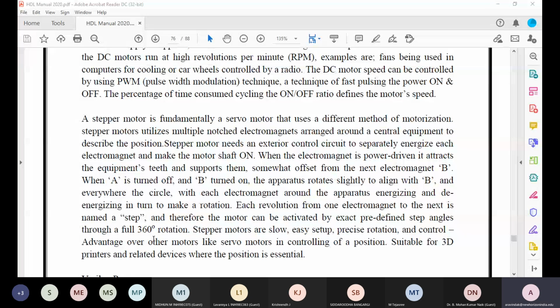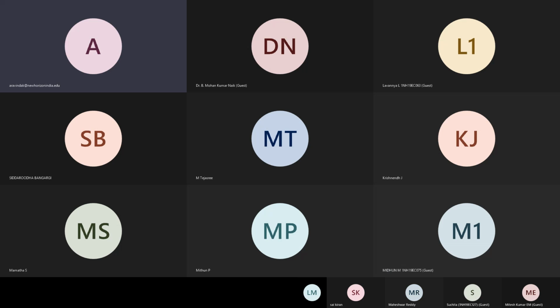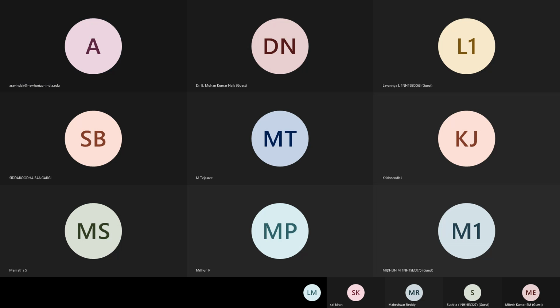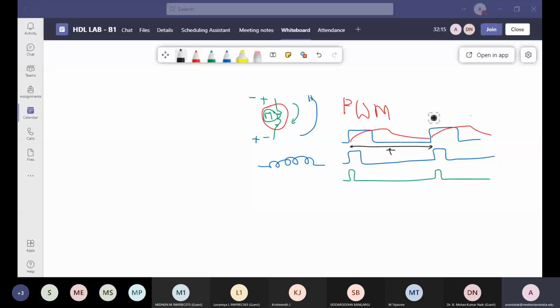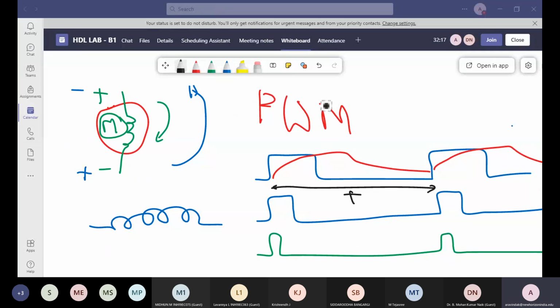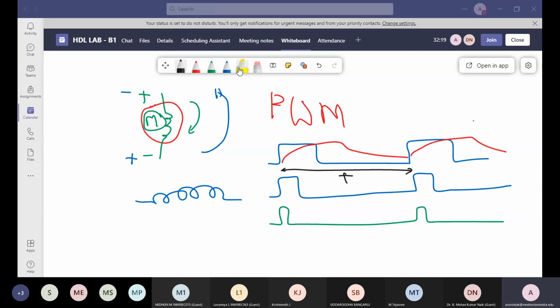That is suitable for 3D printers and related devices where the position is essential. Now let me go back and show you how this stepper motor's winding is connected. So let me completely erase the screen.